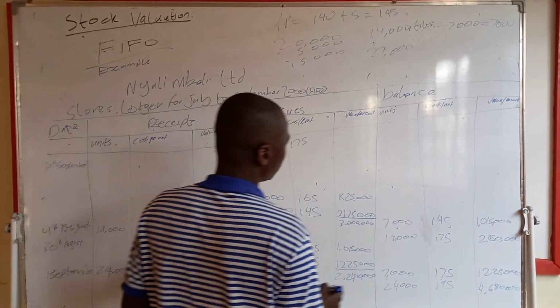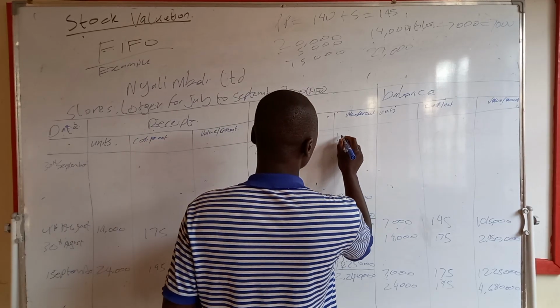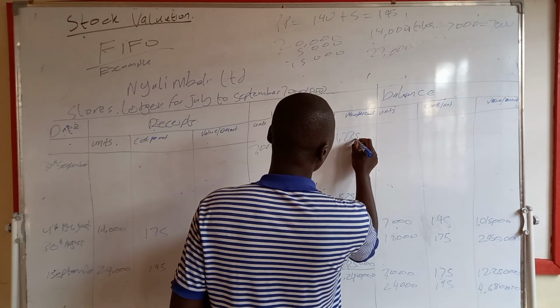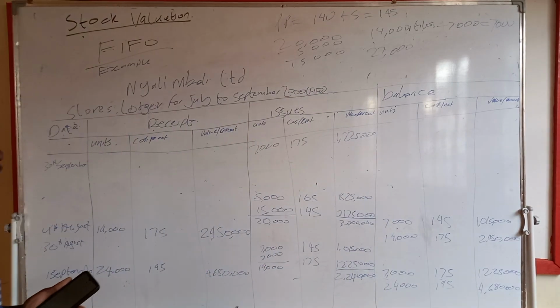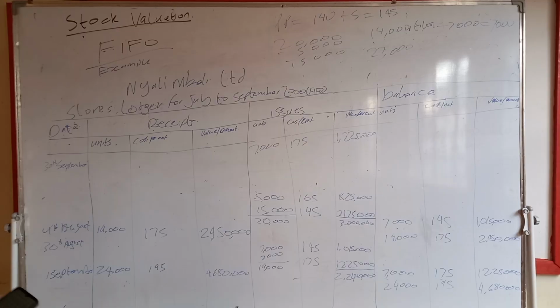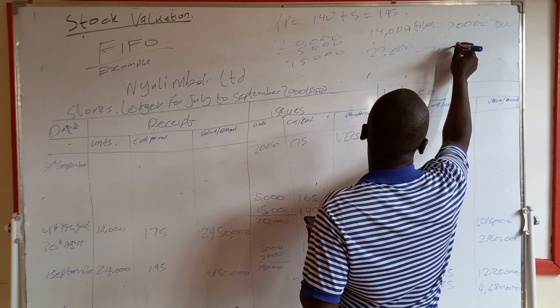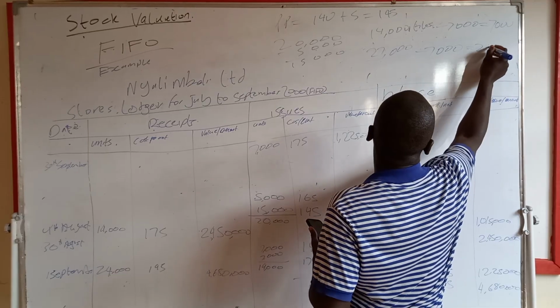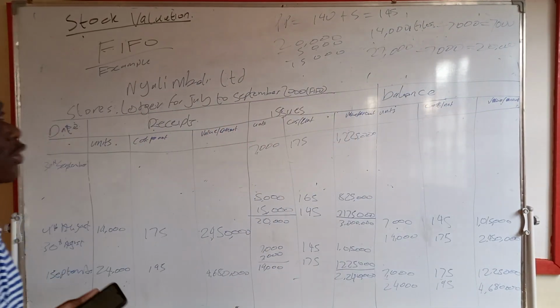Total value 1,225,000. Then, when that happened, we removed the 7,000. So we remain with 20,000.